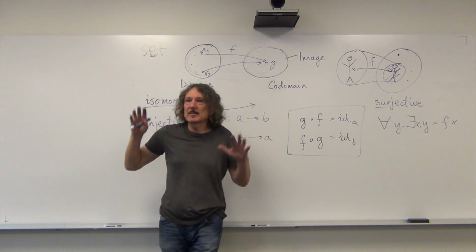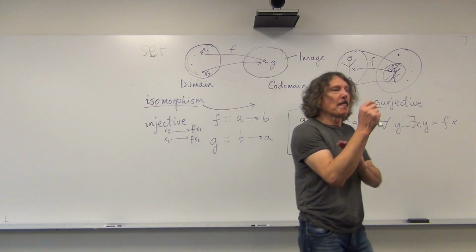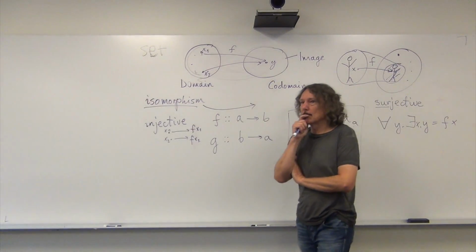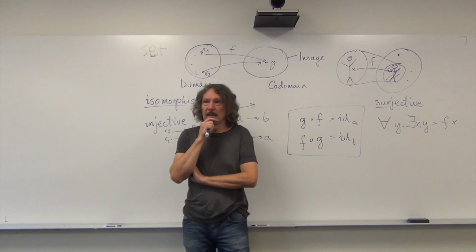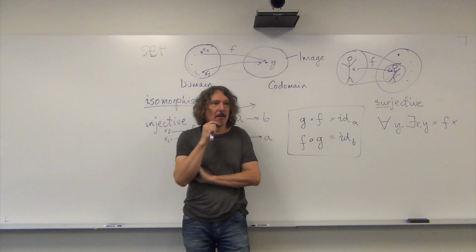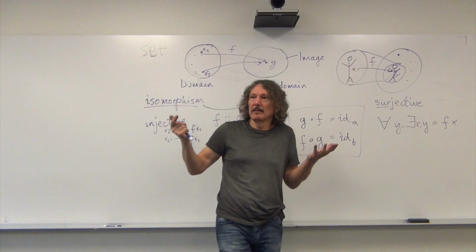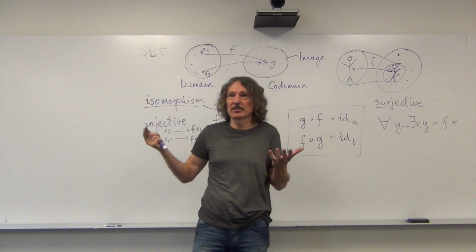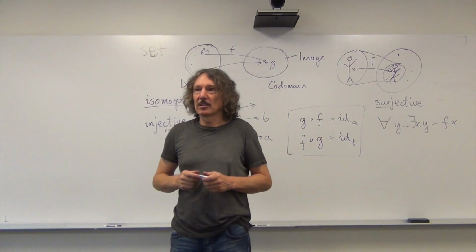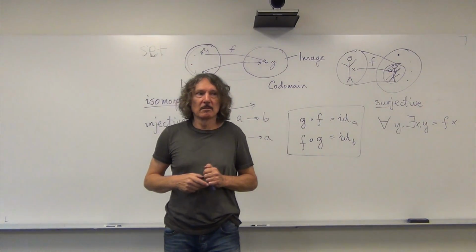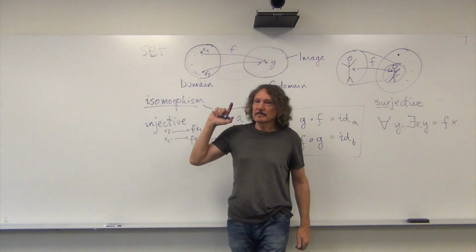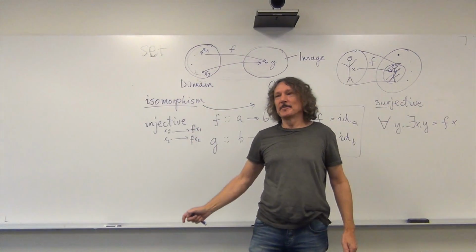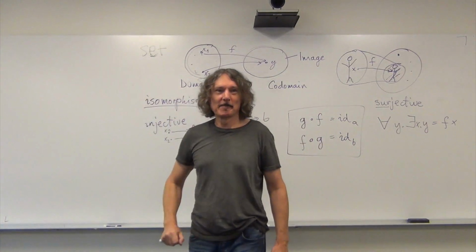So I have defined something in terms of elements. And now if I go to category theory, you know, the set category, how do I talk about injections and surjections, right? If I cannot look at elements. Turns out, I can.